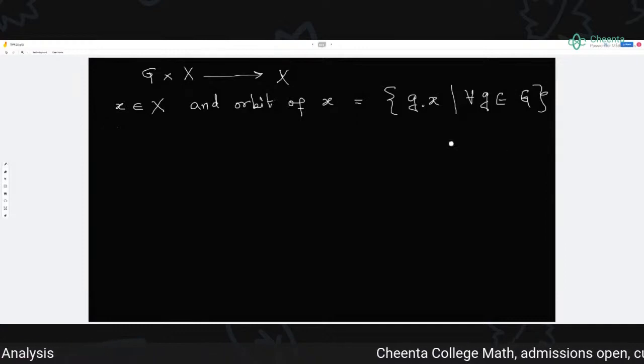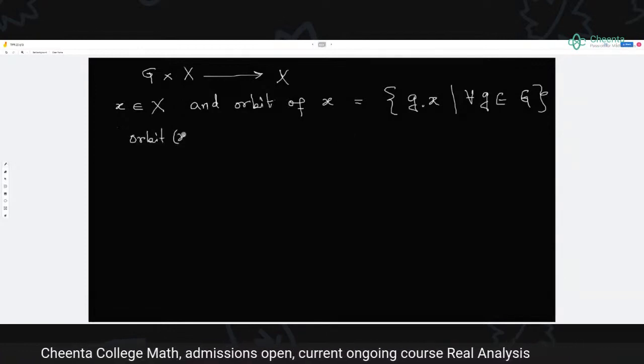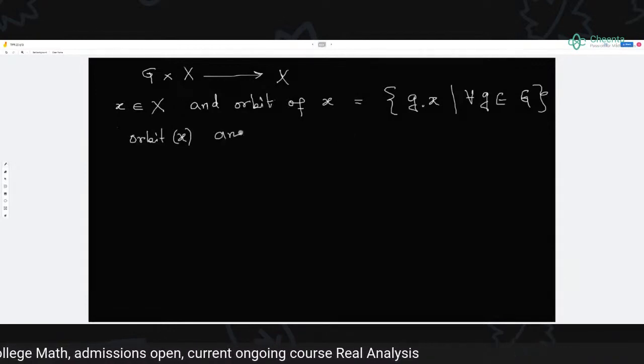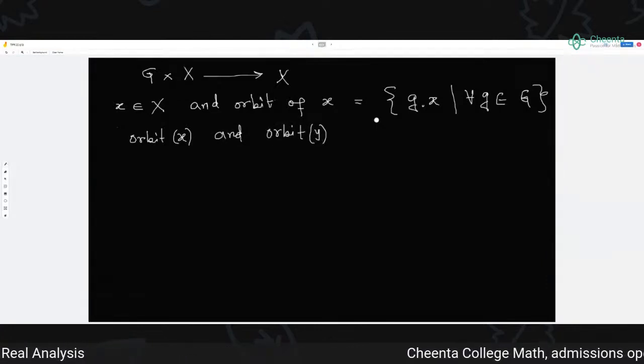Now there is a very good relation between the orbit of x and, if you take any other element y in X, the orbit of y.